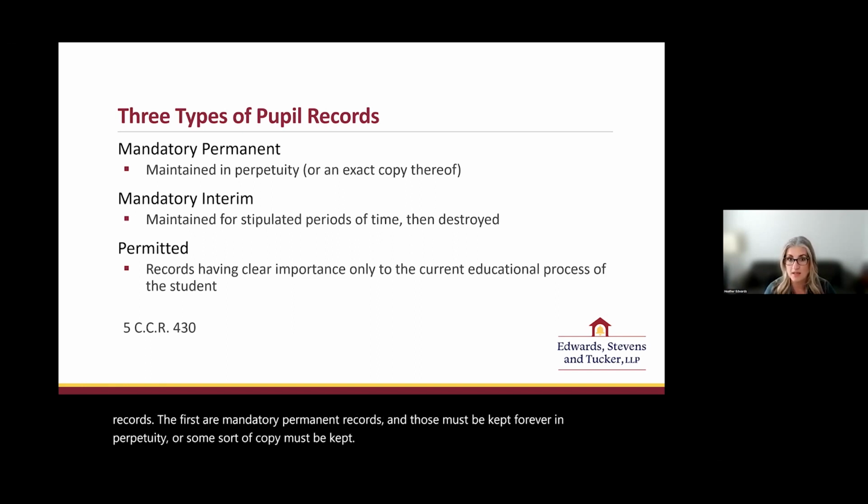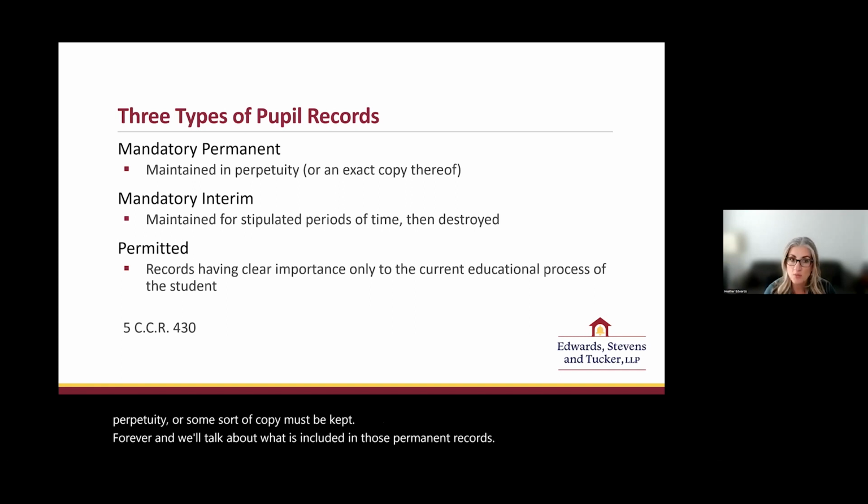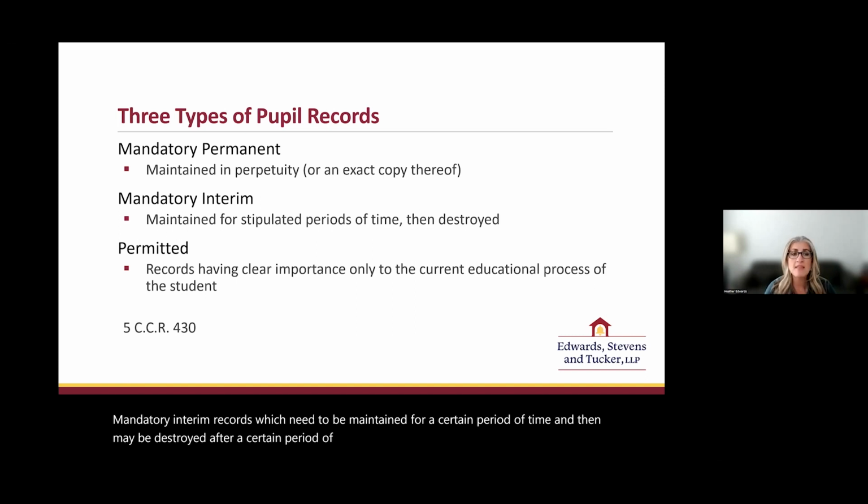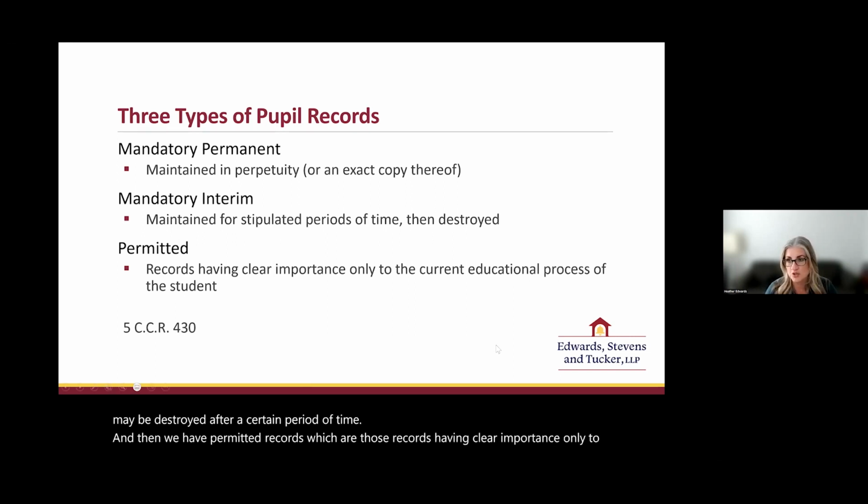And we'll talk about what is included in those permanent records. Mandatory interim records need to be maintained for a certain period of time and then may be destroyed after that time. And then we have permitted records, which are those records having clear importance only to the current educational process of the student.